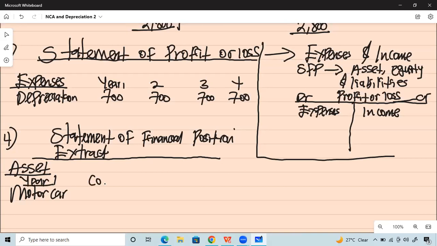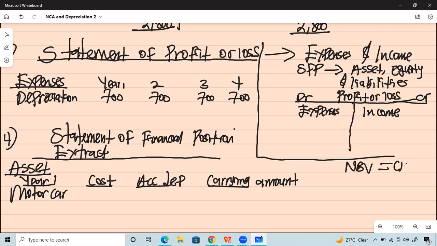So we'll say the cost, then accumulated depreciation, then we'll have our carrying amount. Some of you, if you can remember from secondary school, if you're a commercial student, you called it net book value, NBV. We no longer call it that. The new name now is carrying amount.